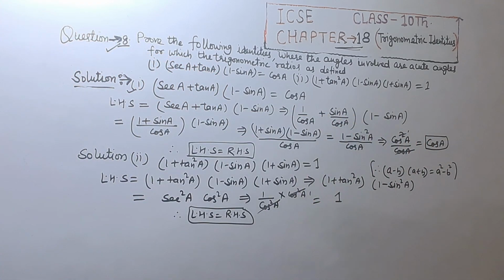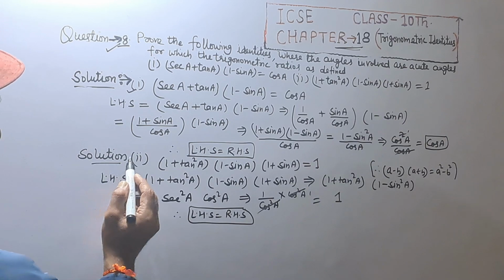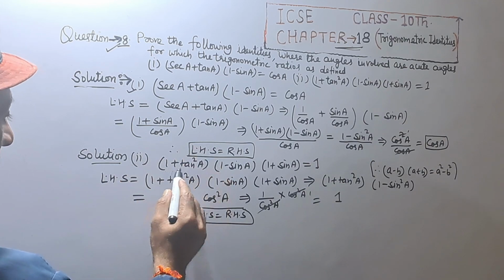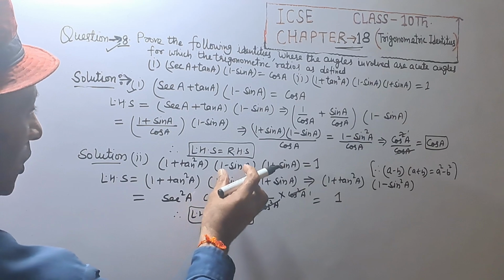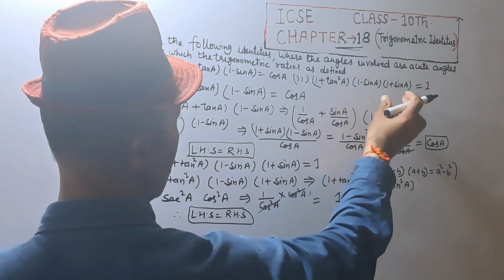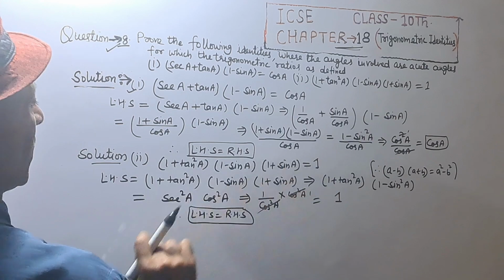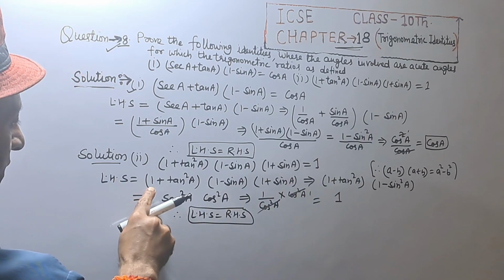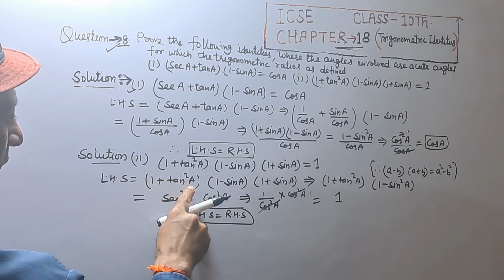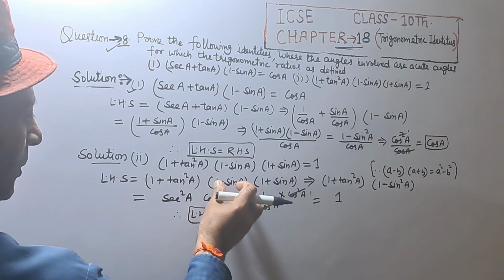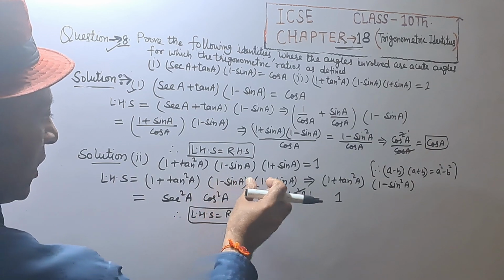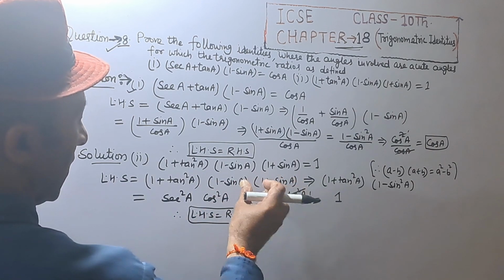And second part: given (1 plus tan square A) into (1 minus sin A)(1 plus sin A) is equal to 1. Taking left hand side, 1 plus tan square A into (1 minus sin A)(1 plus sin A).